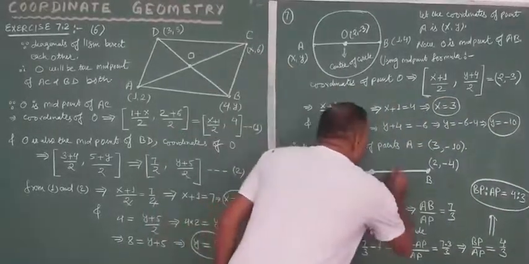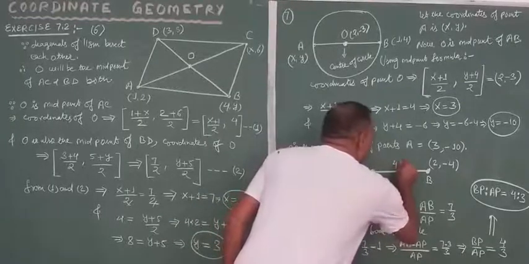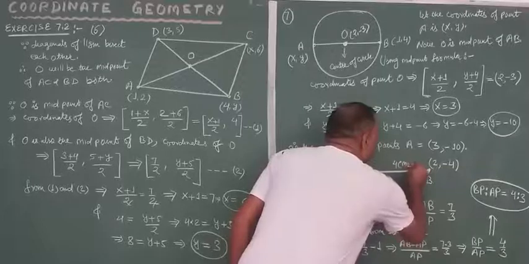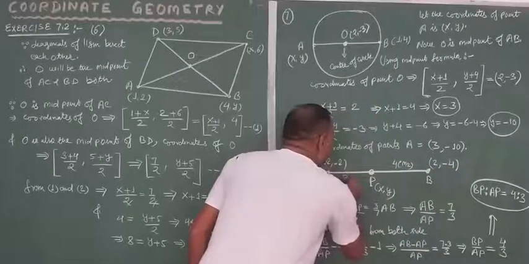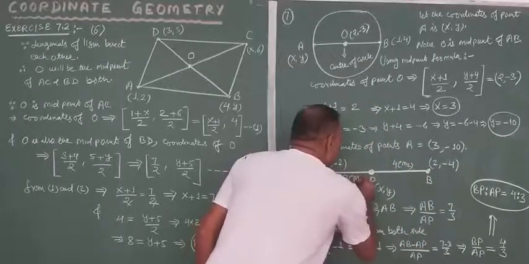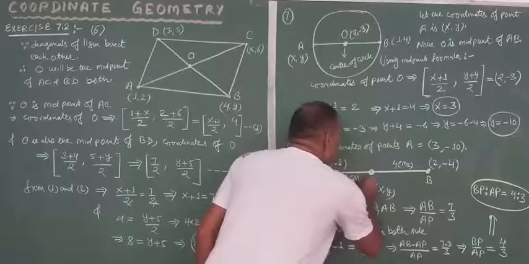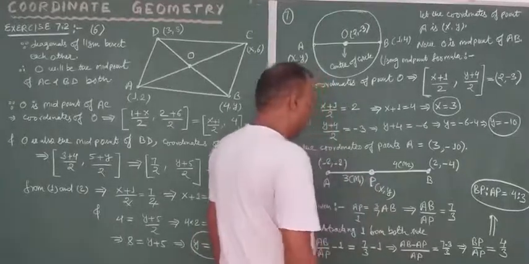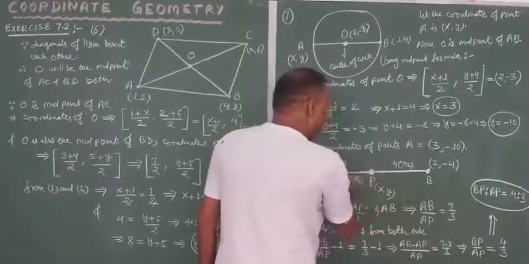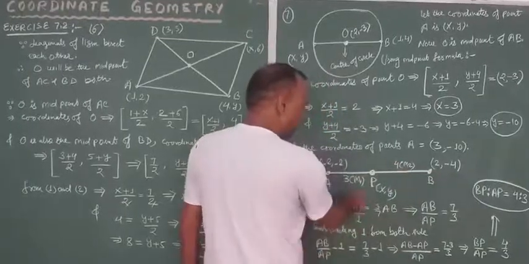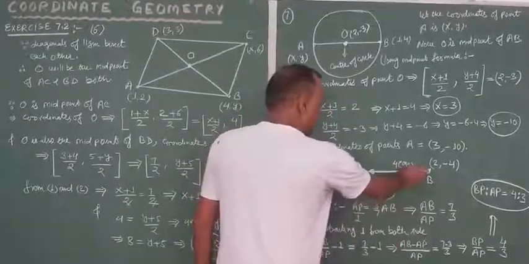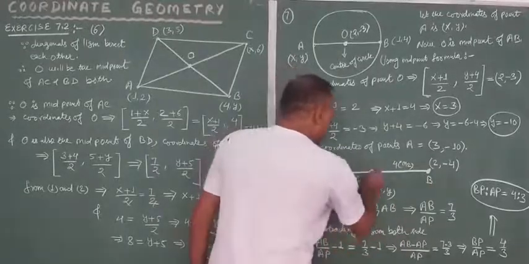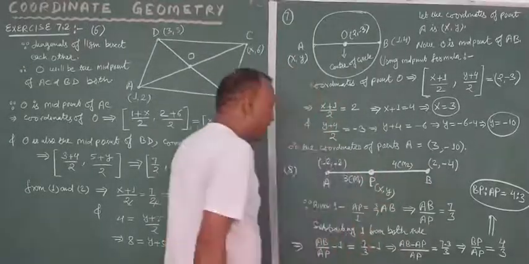So this is 4, which is m2, and this is 3, which is m1. What is the ratio BP to AP? 4 ratio 3. So this is m1 and this is m2. And we have taken the coordinate of P as x comma y.